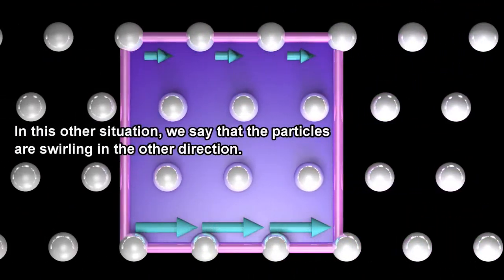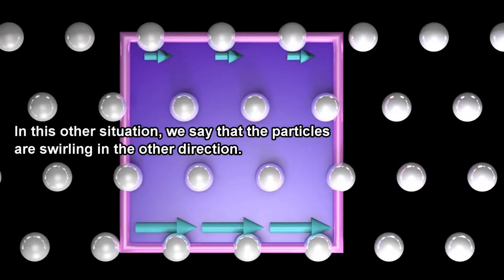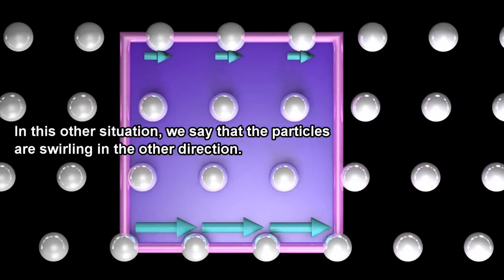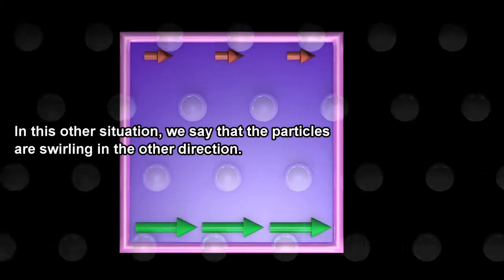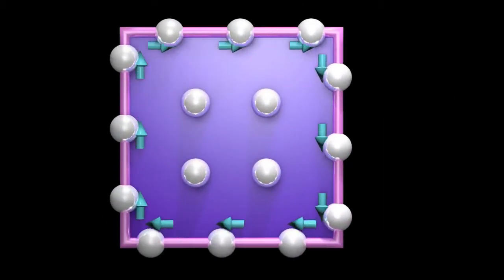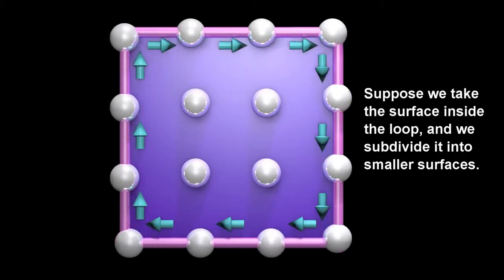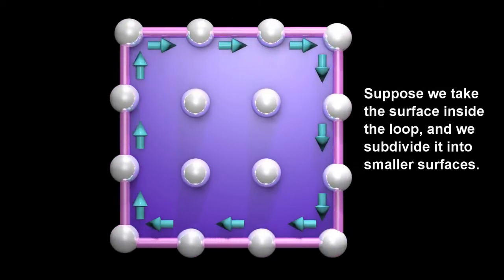In this other situation, we say that the particles are swirling in the other direction. Suppose we take the surface inside the loop and we subdivide it into smaller surfaces.